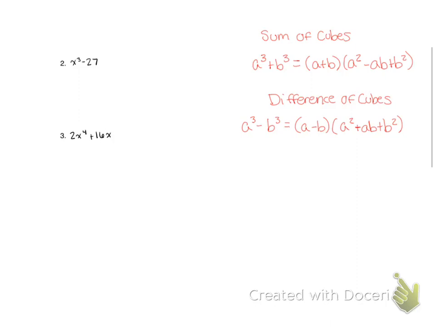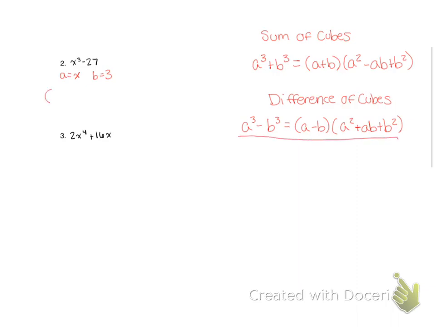So if you look at number 2, x cubed minus 27. Those are perfect cubes. So your a, in this case, is going to be x. Okay, x cubed is a perfect cube of x. The b, well, what's the perfect cube of 27? That's 3. So because we are subtracting, we are going to be using the difference of cubes.